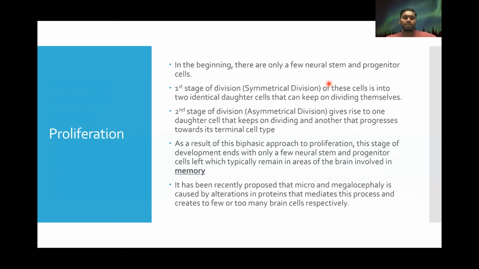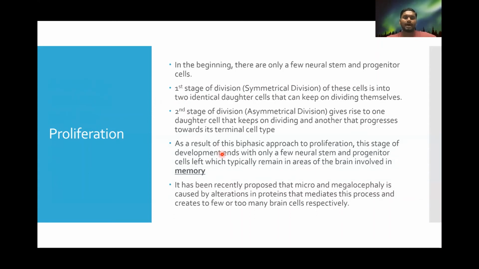Now, once it reaches a certain amount of dividing cells, it'll transition to the second stage called asymmetrical division, wherein when these cells divide, it'll create one daughter cell that can keep on dividing, but it'll create another cell that can then progress towards its terminal cell type, like a glial cell or something of the sorts, or a neural cell.